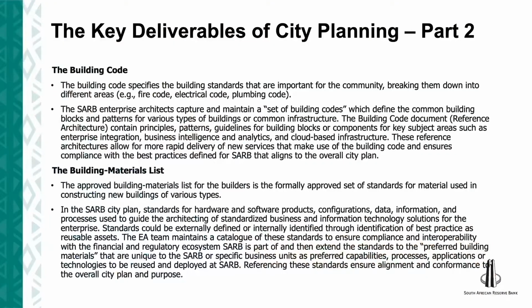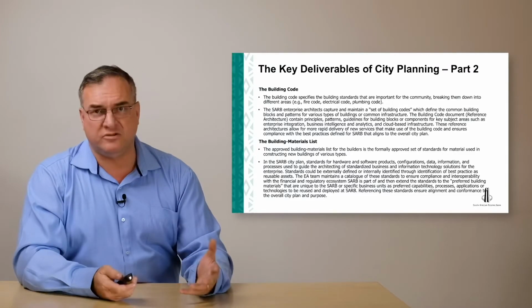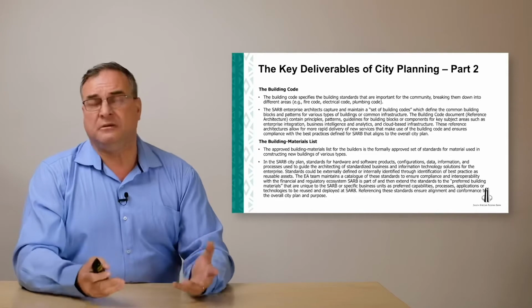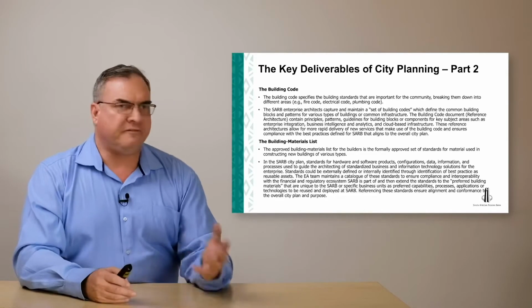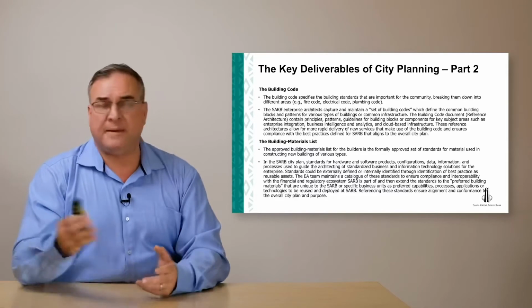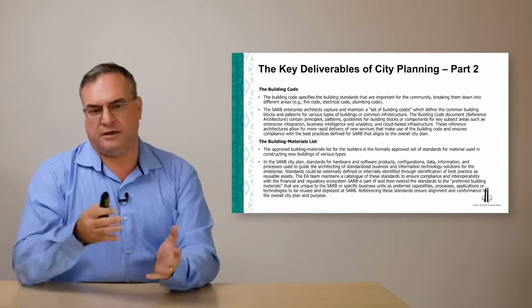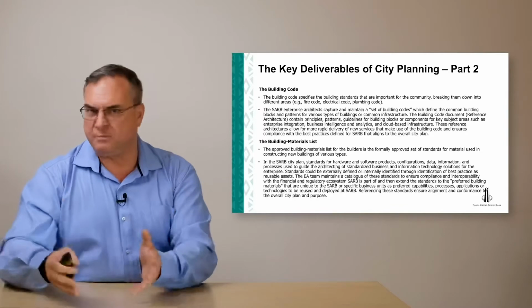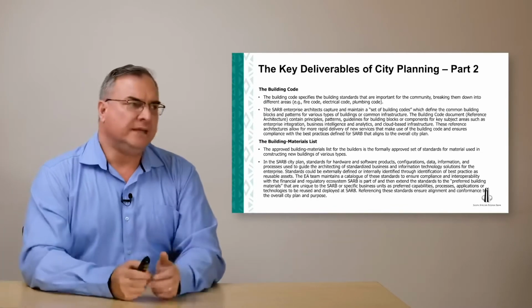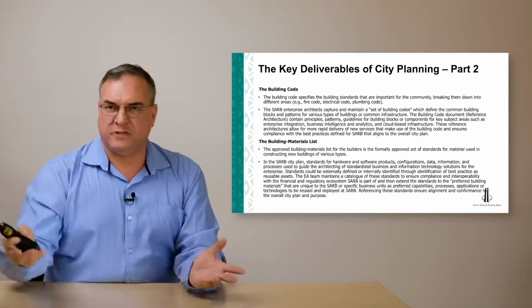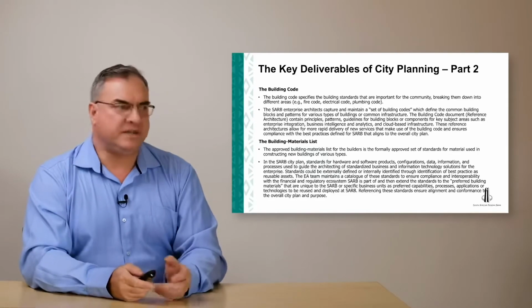The last two pieces, building code specifies the building standards that are important to the community, and it breaks them down into different areas. So in a typical city, you may have the fire code, the electrical code, the plumbing code, that set certain standards for when a home, an office building or a mall gets built, but also how to connect to the core infrastructure for those utilities that is provided by the city.